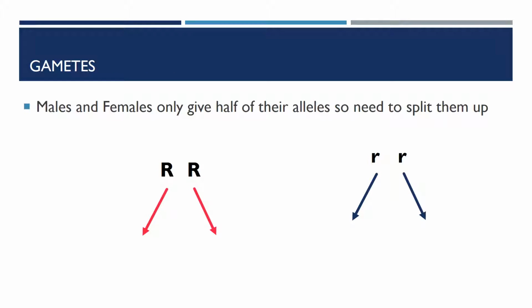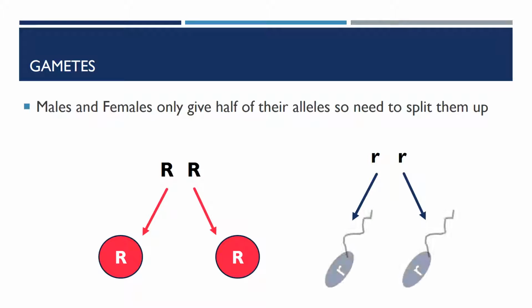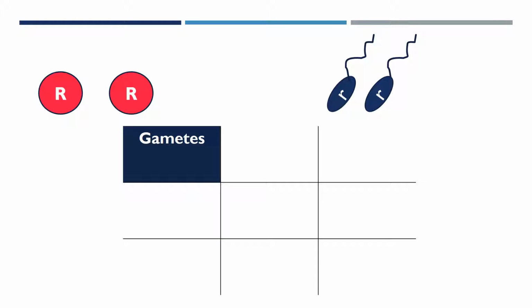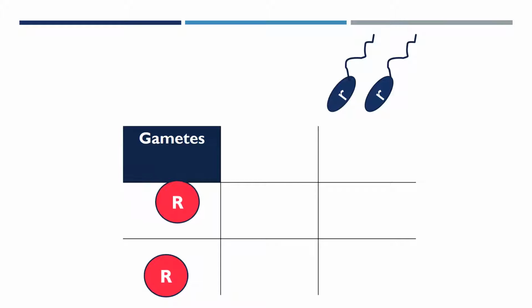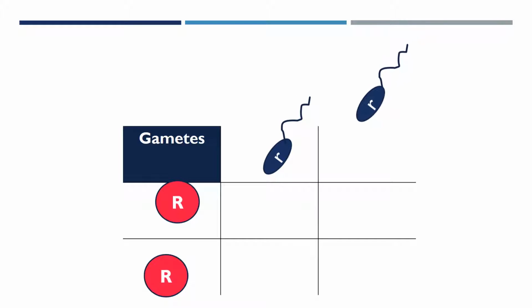So males and females only give half of their alleles, so we need to split them up. So your female would give one gamete with a big R and one gamete with a big R. The male would give one sperm with a little r and one sperm with a little r. In this example, both are homozygous. So then we move them into the Punnett square. So you've got your big R, and your little r, and your little r.